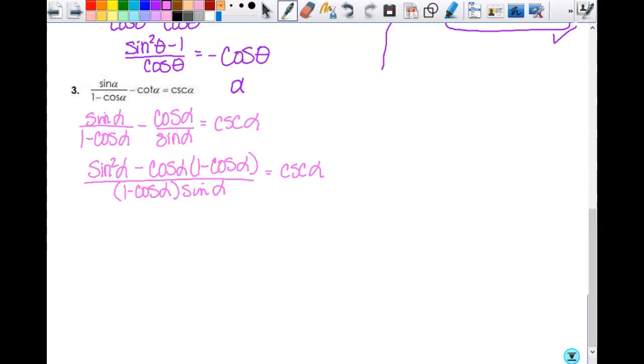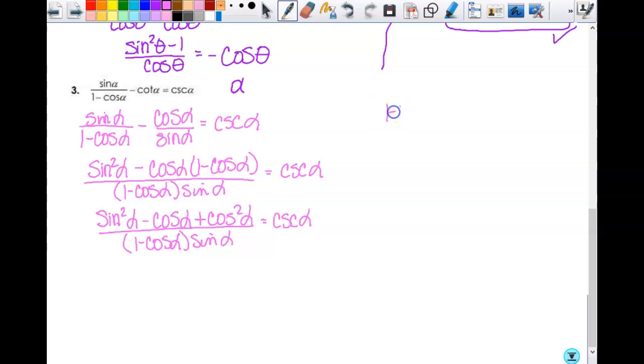Okay, so in the numerator, I'm going to distribute this. So I'm going to get sine squared alpha minus cosine alpha plus cosine squared alpha all over, I'm not going to distribute this yet, 1 minus cosine alpha times sine alpha. And that's equal to cosecant alpha. All right, so then in the numerator, sine squared alpha plus cosine squared alpha is 1.